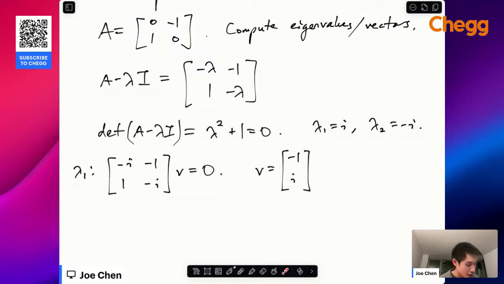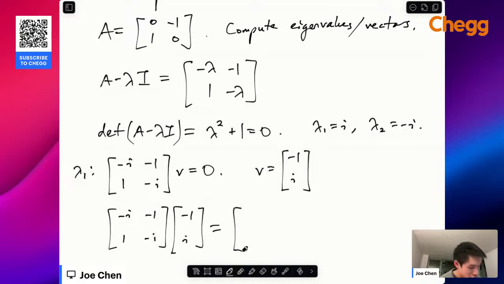For the second row, you get i minus i, which is 0, and on the bottom, you get minus 1 minus i squared, which is negative 1, so minus 1 minus negative 1 is also 0. So you can check that this works.